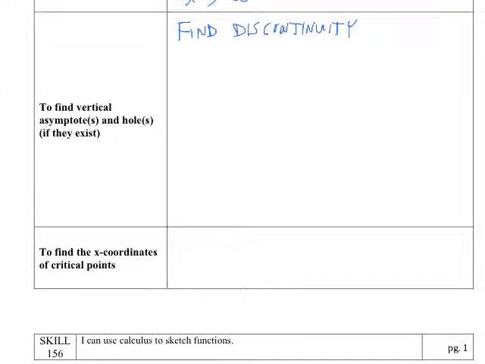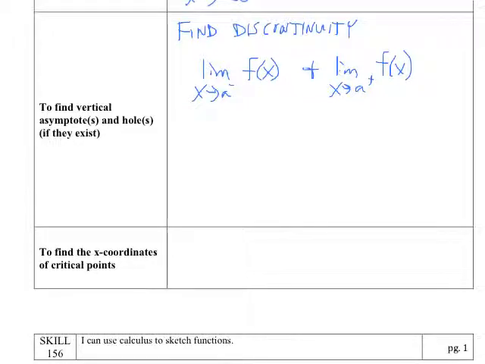So if you have a discontinuity at a, you're going to take the limit as x goes to a from the left and from the right, and if both of those are infinity, then you have a vertical asymptote, and if they are equal to one another, then you have a hole.